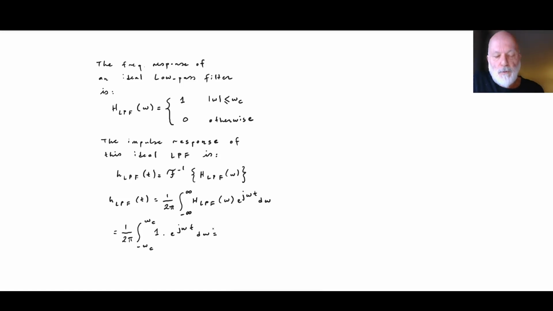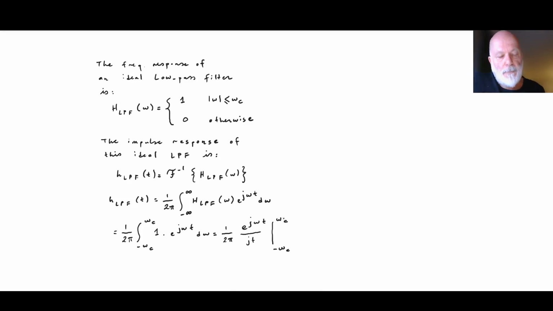So this is equal to 1 over 2 pi e to j omega t divided by jt evaluated at omega equal to minus omega c and omega c.